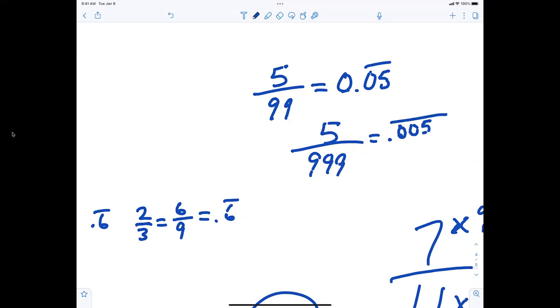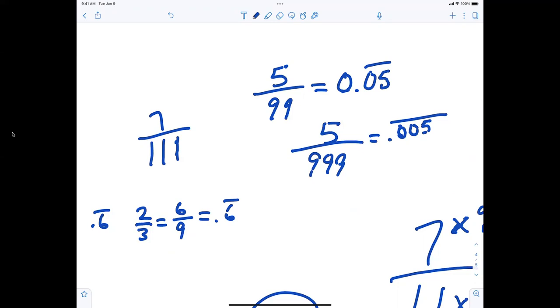And the same thing I could do over 111. Like if I said, what's 7 over 111? Who can do that one? 7 over 111. Tell me. 663.